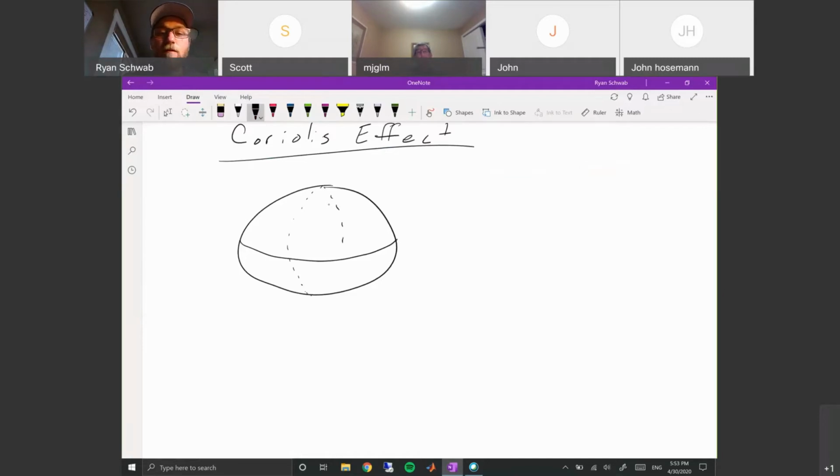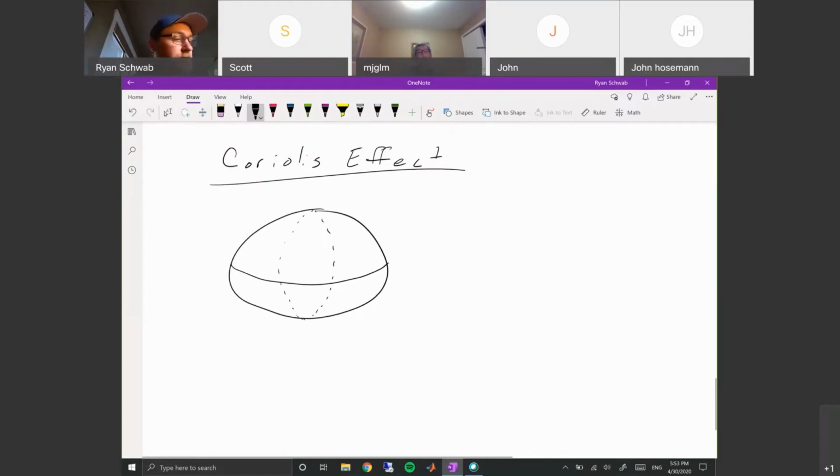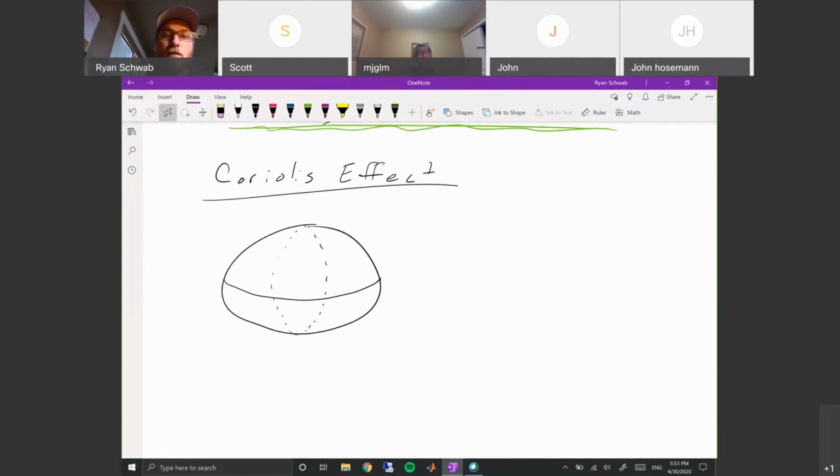This is my attempt at drawing the world. We've got the equator as the solid black line, and then these dashed lines would be, if you were to walk straight from the North Pole to the South Pole, what these dashed lines would represent here. So our Earth is spinning this way because the sun's rising over here in the east, setting in the west.